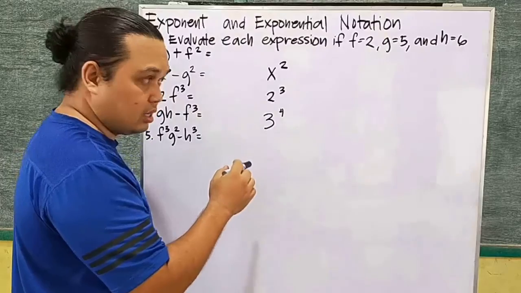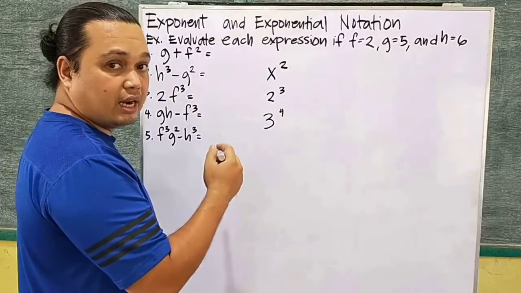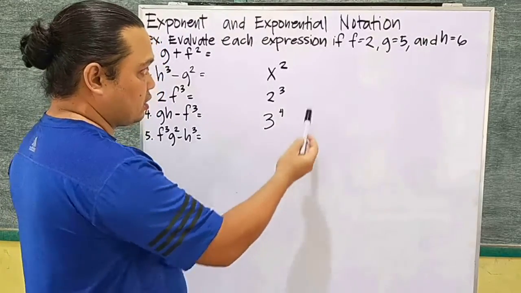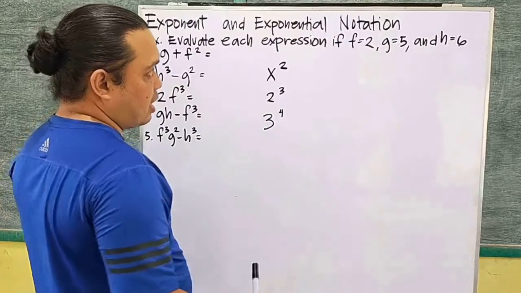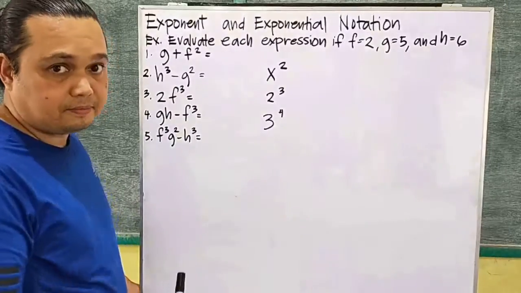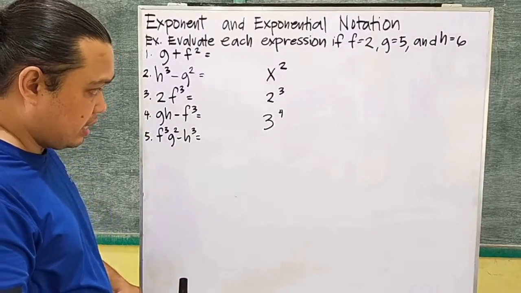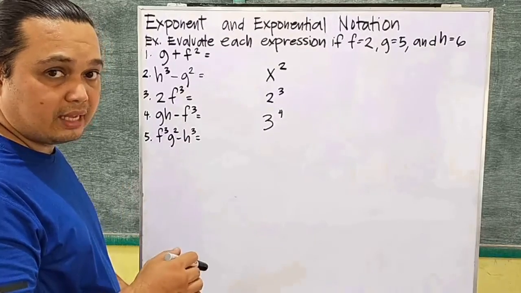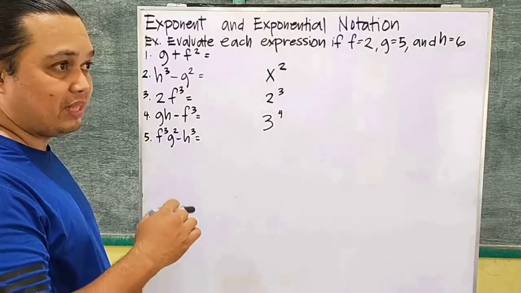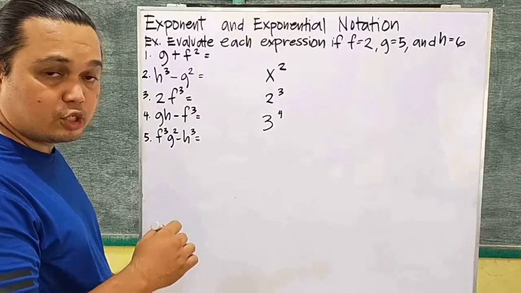The small number on the upper right of the variables, 2, 3, and 4, are the exponents. What it means is that we are going to multiply the variable depending on its power.